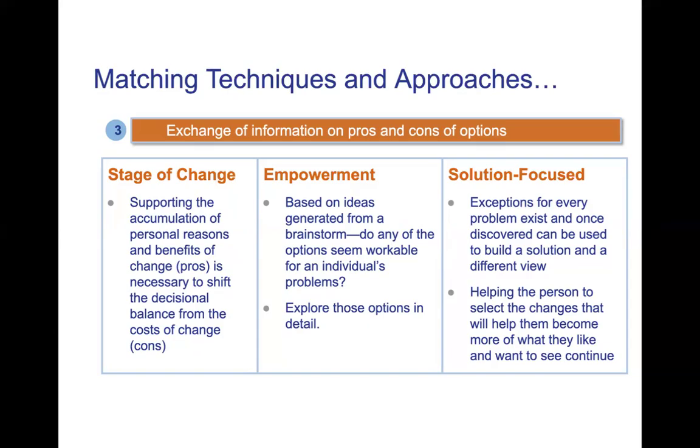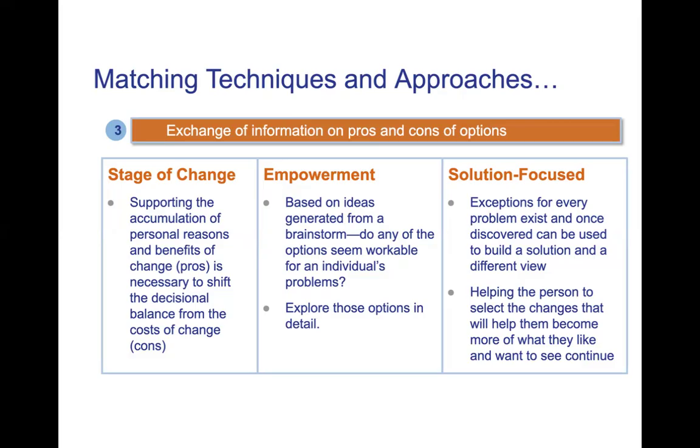So the exchange of information on pros and cons would be next. Supporting the accumulation of the personal reasons and benefits of the change, the pros, is necessary to shift the decisional balance from the costs of the change, which would be the cons. So the empowerment here is based on ideas generated from the brainstorm. Do any of the options seem workable for the individual's problem or issue?